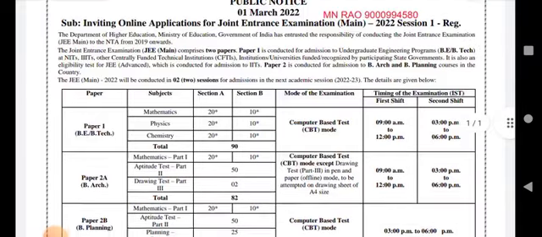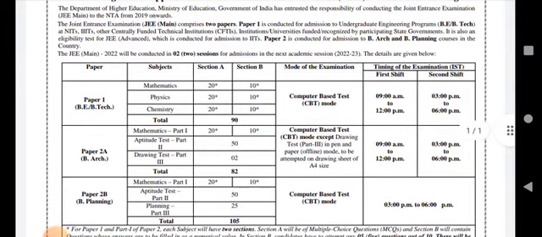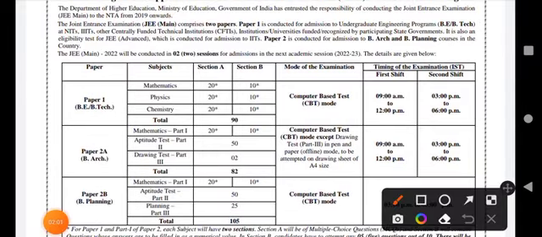Now the syllabus. For JEE Paper 1, which is for admission into BE/BTech, you have mathematics, physics, and chemistry. In each subject, you have two sections.